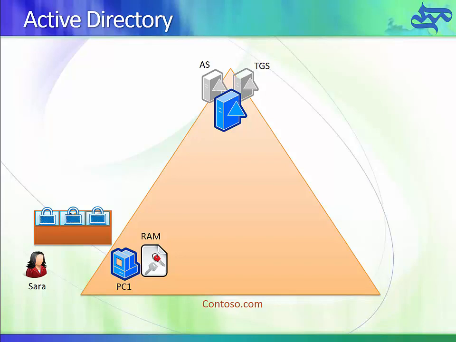After that, the client will start creating the packet. The first thing the client will do is insert the user principal name again inside the packet. After that, the expiry time will be inserted, and after that, the client name, the PC name, will be inserted into the packet.